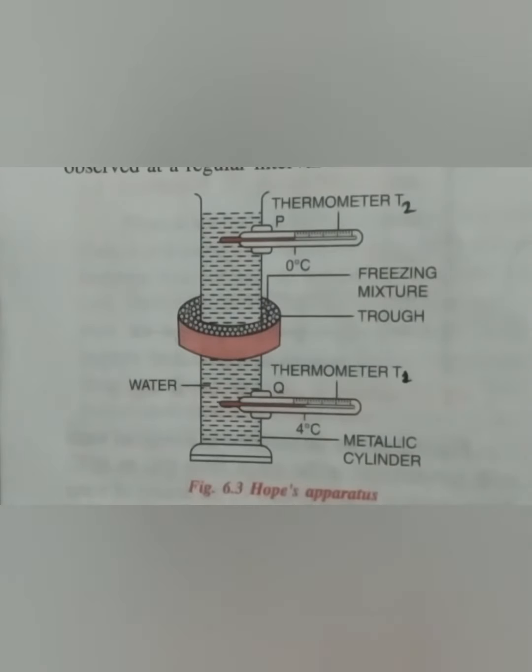Now the temperature in thermometer T2 is shown 0 degrees centigrade. At this stage, the lower thermometer T1 shows the temperature 4 degrees centigrade at which water has the maximum density, while the upper thermometer T2 shows the temperature of water and ice at 0 degrees centigrade.